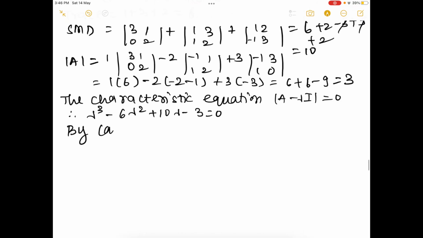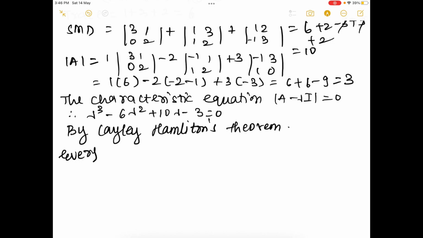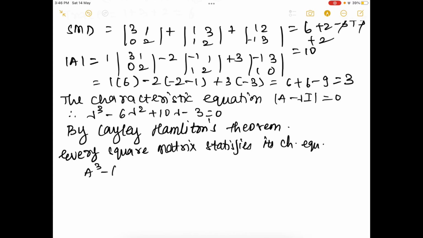By Cayley-Hamilton's theorem, we know what it means. It says every square matrix satisfies its characteristic equation. So we will be writing here A cube minus 6A square plus 10A minus 3 is equal to 0.